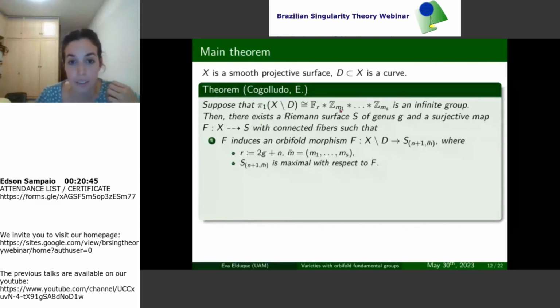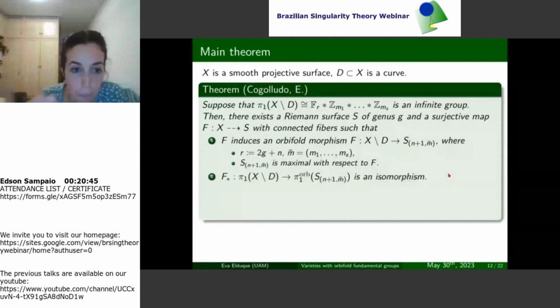And the degrees of the torsion factors here are the multiplicities that you find in your orbifold structure. Okay, so you have an orbifold morphism in this case, but it gives you a map between fundamental groups, and this kind of orbifold morphism is going to have connected fibers, so this thing is going to be an isomorphism.